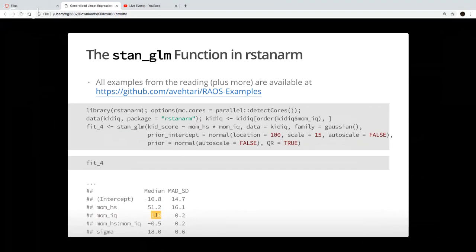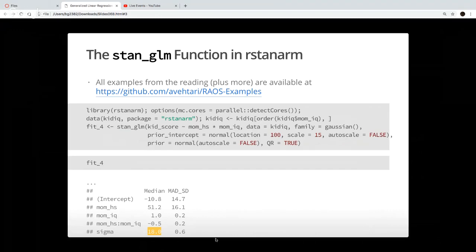We get a slope of 1 on the IQ variable among mothers who did not graduate from high school, so there's sort of a 1-to-1 relationship. And among mothers who do graduate from high school, the slope with respect to the IQ variable is 1/2 lower. So for a total of 0.5. And then the estimated standard deviation of the errors is 18. Most of these are estimated reasonably precisely in terms of how large the median is relative to the standard deviation.